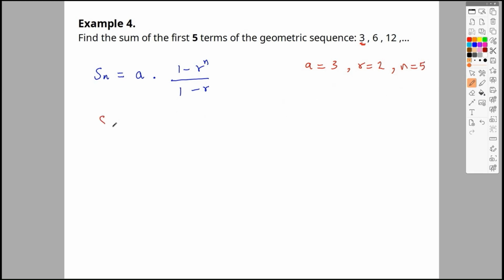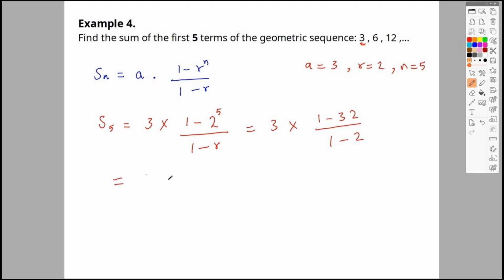S_5 equals 3 times 1 minus r to the power n, 1 minus 2 to the power n, n is 5, over 1 minus r. And that equals 3 times 1 minus 2 to the power 5, which is 32, over 1 minus 2.